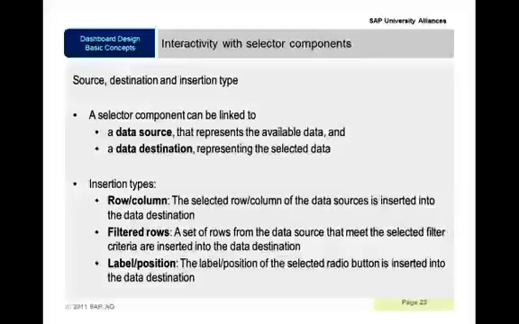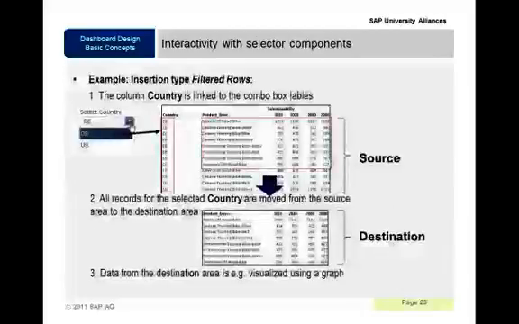The first one, row/column, means we select and then we display everything in the data destination area. On the other hand, filter rows means that only portions of the data source will be displayed in the data destination, which, by the way, is the one you'll be using for your assignment.